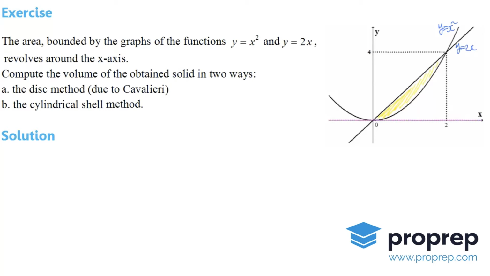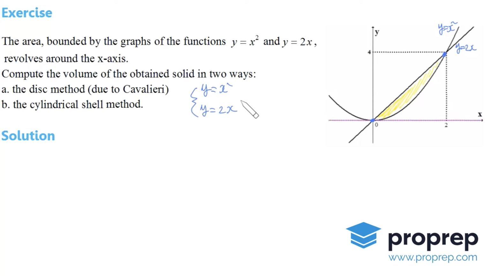And I've already done some of the work for you, because I needed to know these points, and these points were obtained by solving two equations in two unknowns. And here it was, let's say, y equals x squared and y equals 2x.